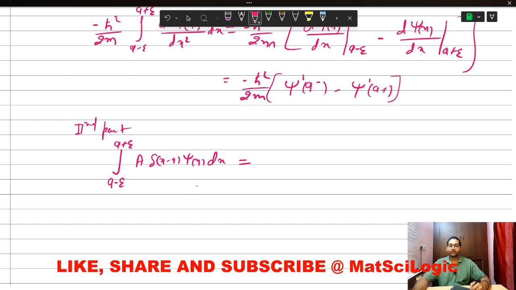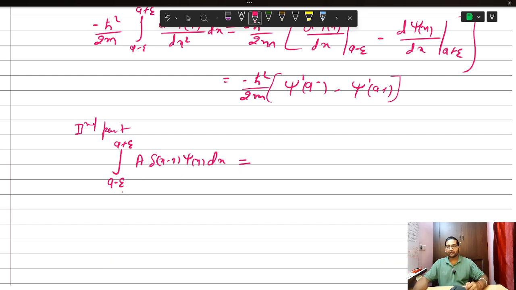Here we use a property called the sampling property. As epsilon tends to 0, the integration from a minus epsilon to a plus epsilon will give directly a psi(a), because the delta at x equal to a becomes 1. This will directly give us a psi(a).